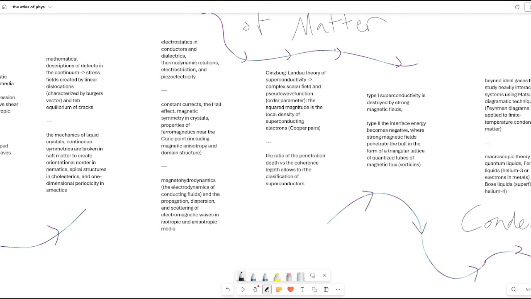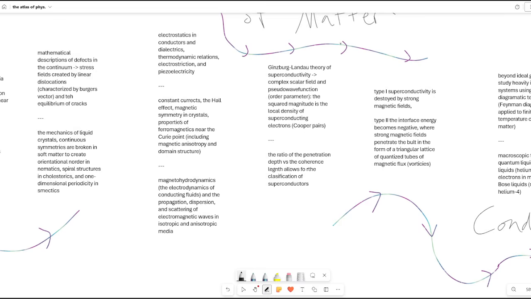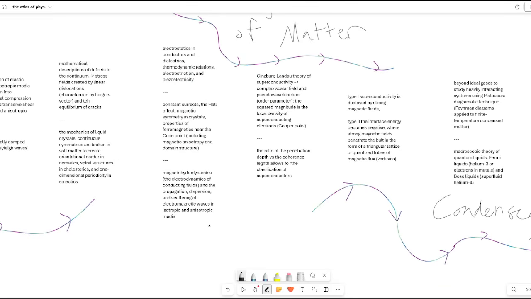Also, magnetohydrodynamics, the electrodynamics of conducting fluids, propagation, dispersion, and scattering of electromagnetic waves in isotropic and anisotropic media. These things are very important for the development of modern technology and how our phones and computers and laptops and everything works. So it's important to pay a lot of attention to these things.